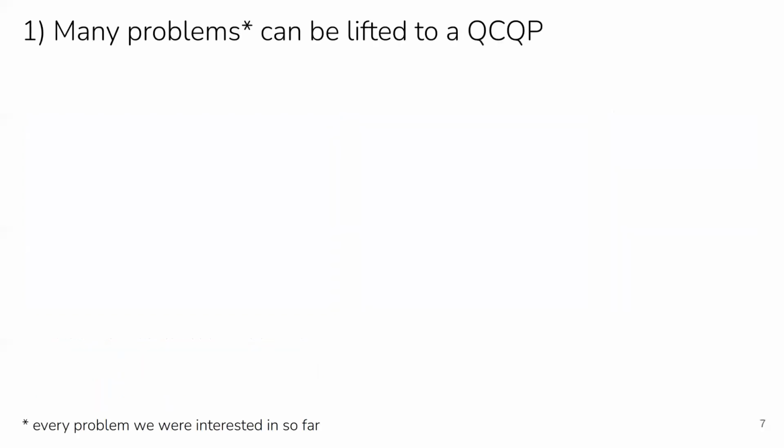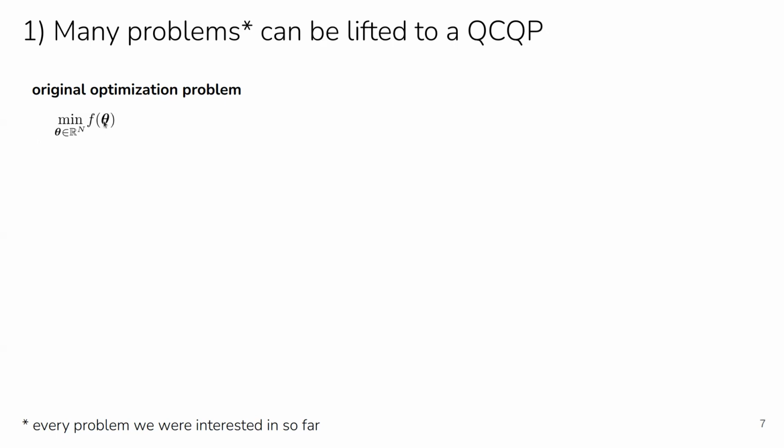So the first thing that we need to realize is that many problems that we work on can actually be lifted to a QCQP, a quadratically constrained quadratic program. In fact, by many problems, I mean, for us at least, every problem we were interested in so far could be lifted to a QCQP. If you have an original optimization problem like this one here, that's what I'm going to be using throughout the presentation. f is our cost and theta is our unknown state.